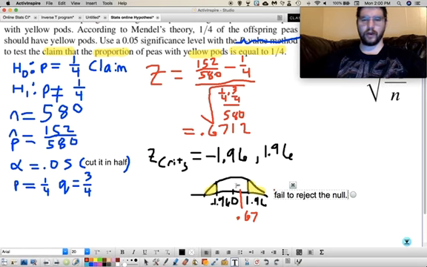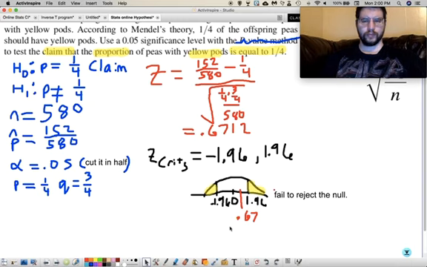Now we can write down our actual conclusion. So, fail to reject the null. The claim was in the null.